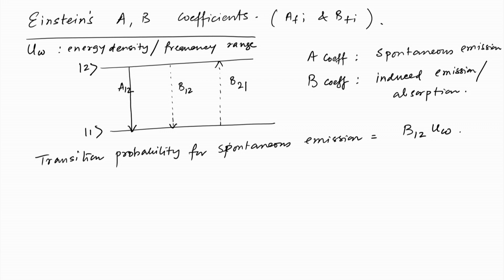So, we will talk about u omega d omega together, which is the energy density in the frequency range omega to omega plus d omega.